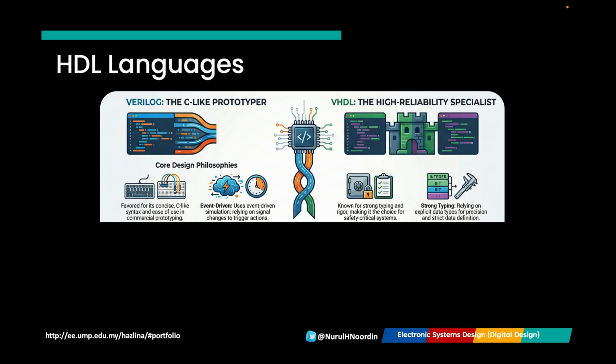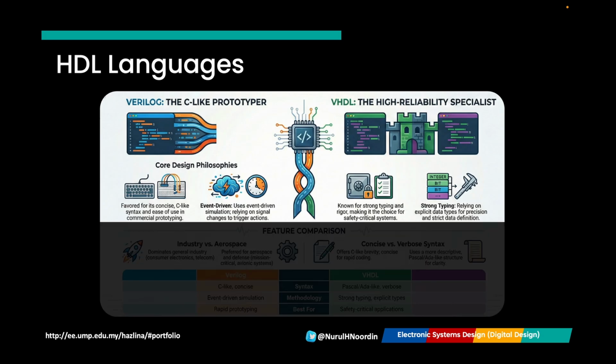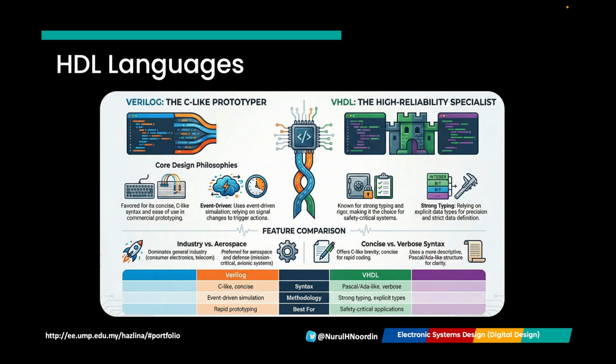On the other hand, VHDL features a more verbose, Pascal or Ada-like syntax. It enforces strong typing and explicit data types. Because of this rigor, VHDL is the preferred language for high-reliability and safety-critical applications, such as aerospace and automotive systems. In this course, we will focus our energy on mastering Verilog and digital system design.